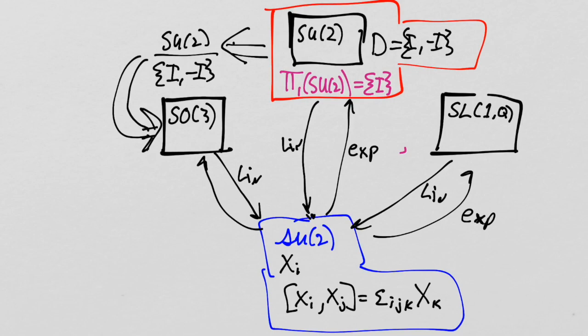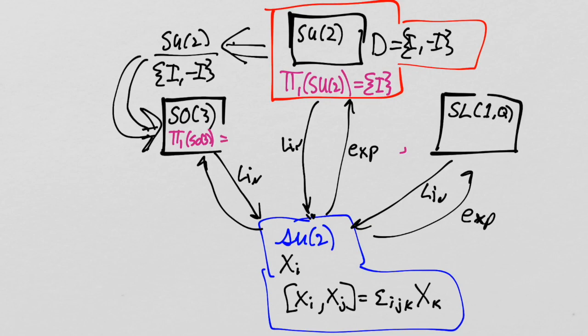That's not simply connected. So remember, the reason I know this is not isomorphic to SU2 is because of pi 1 of SO3, right? Remember we calculated what that was. And oh, what was the fundamental group?